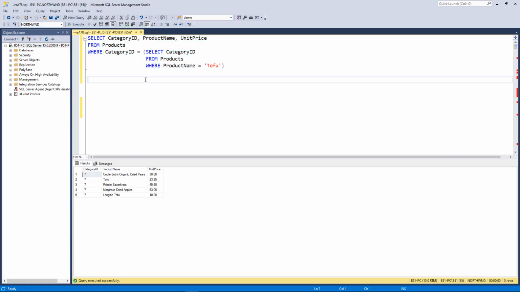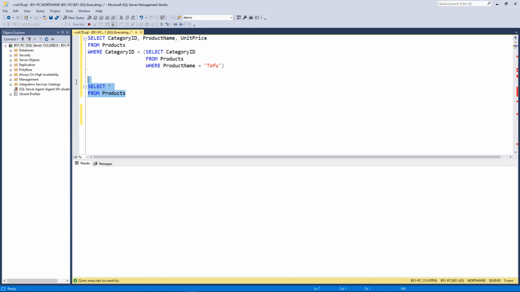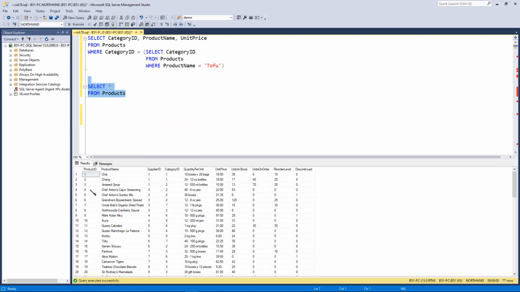So here we have the category ID, product name, and unit price from product table. So we write select asterisk from the product table. We see that we have product ID, the product name, and the unit price.